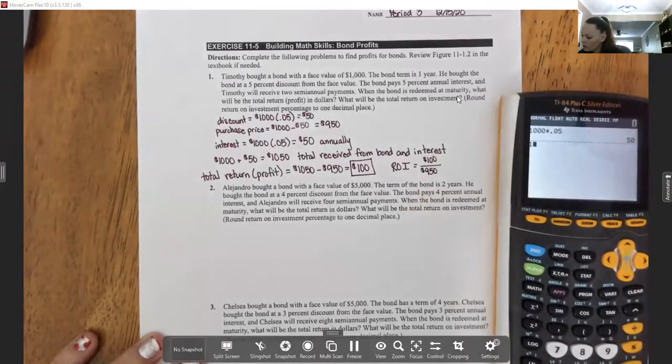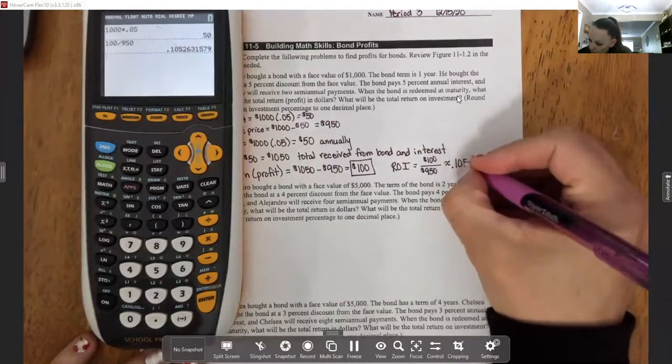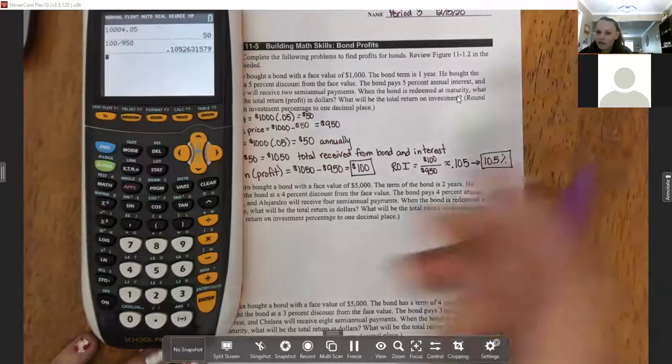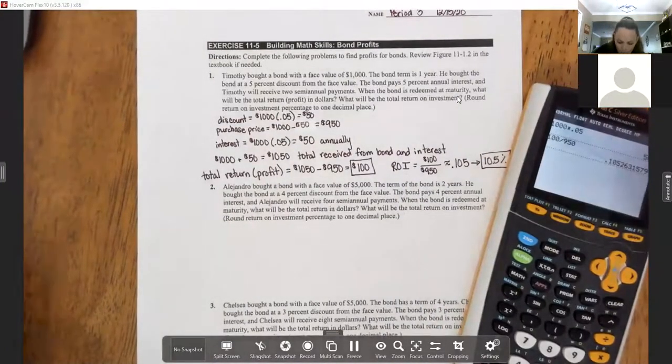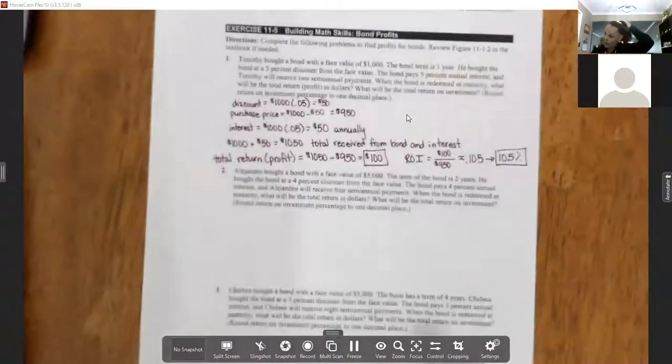So 100 divided by 950, so that's about 0.105, which is 10.5% for his return on investment. All right, so that's it for number one. Questions on that one?